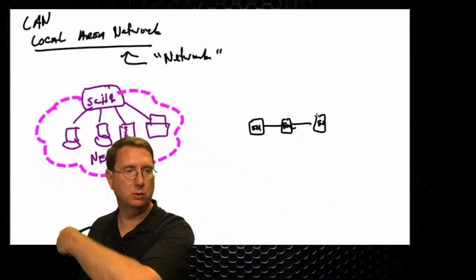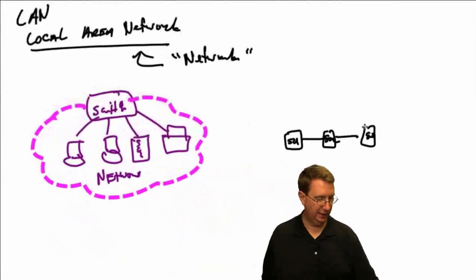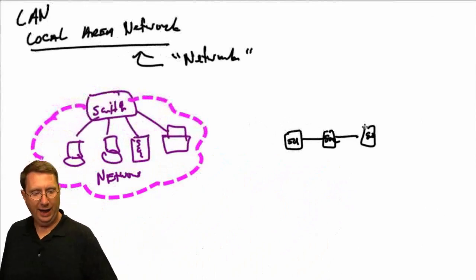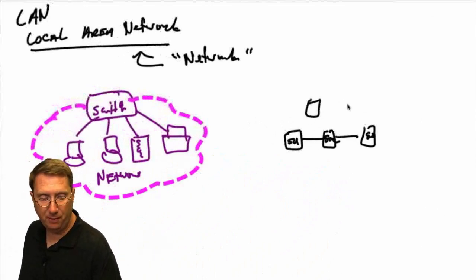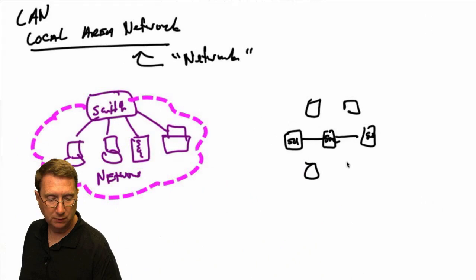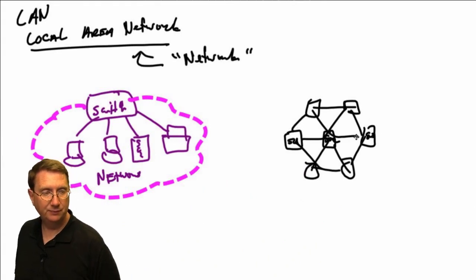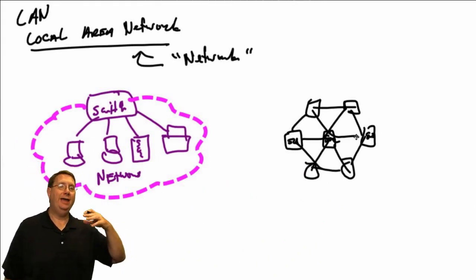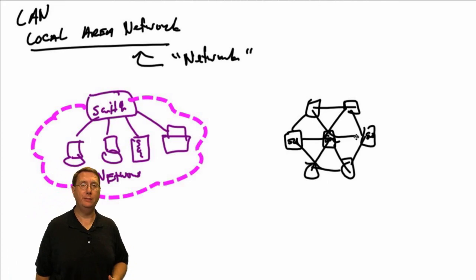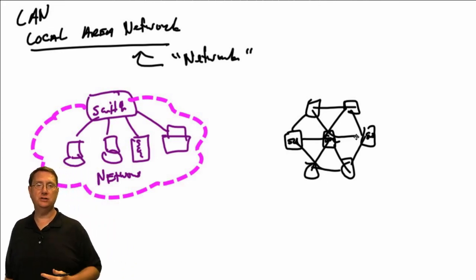My head's going to become a problem, so I'm going to move over here. Actually, let me do it this way. I'll move over here. And we're going to have even the possibility of having more switches where I can have redundant connectivity between all of these devices such that I have a partial or a full mesh deployment that I'm going to be using for the purposes of my switching.